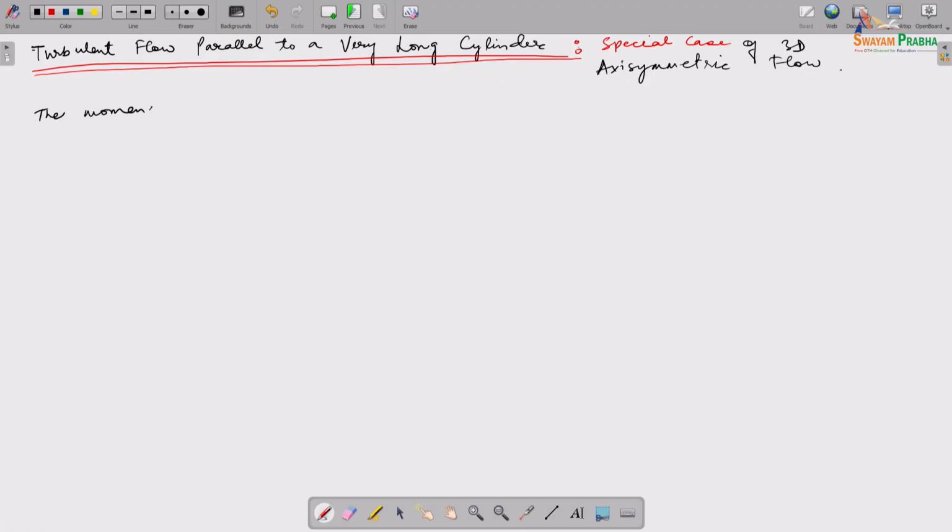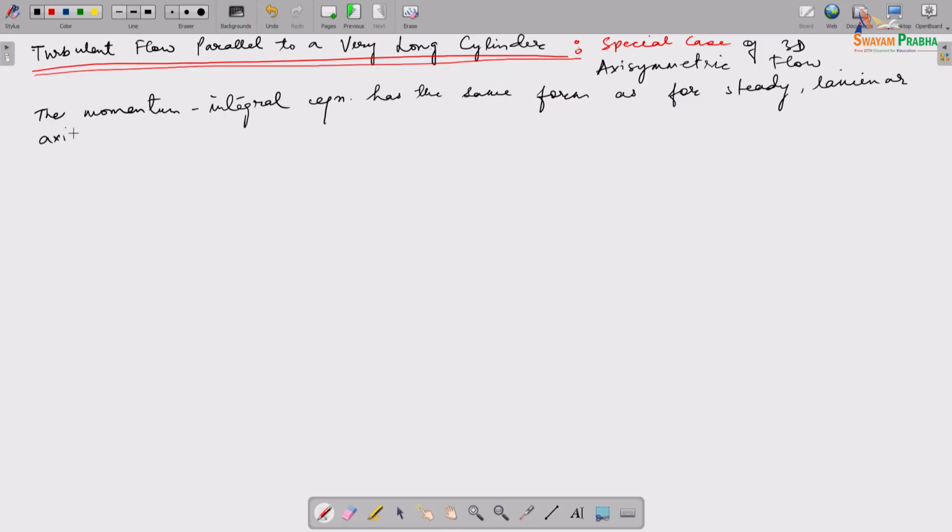But the momentum integral equation has the same form, right, as for steady laminar axisymmetric flow. Okay. So, what is that?